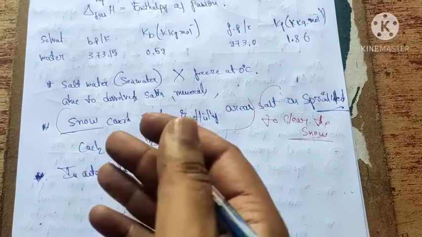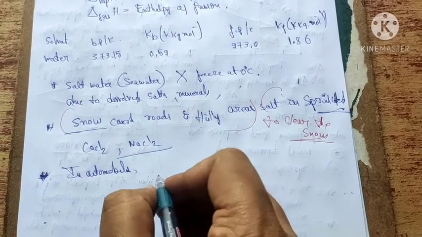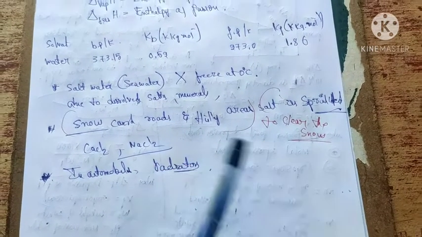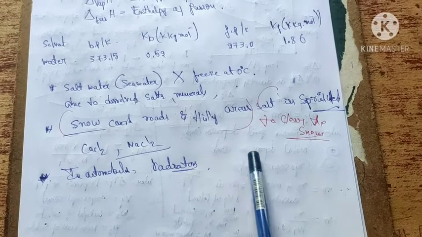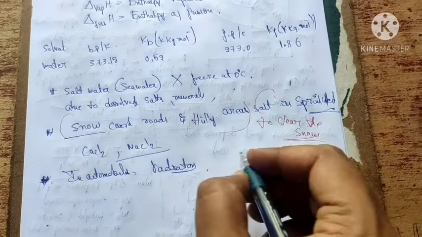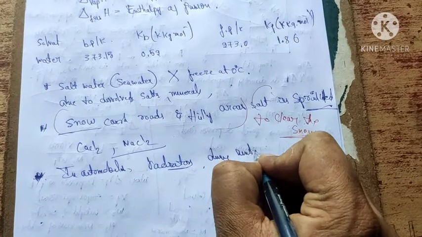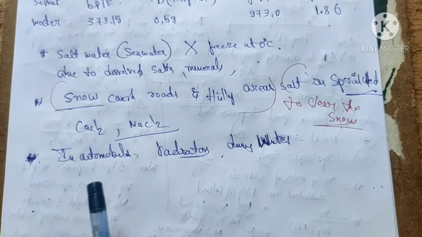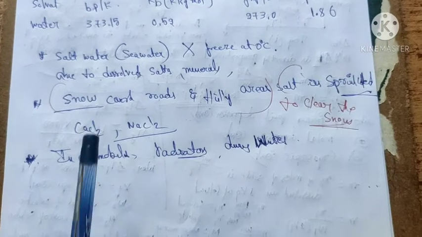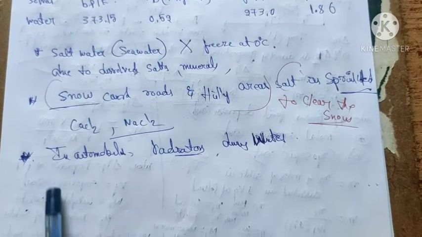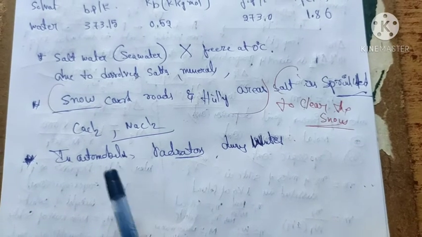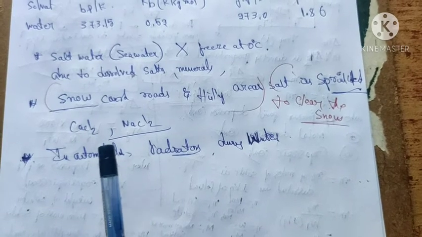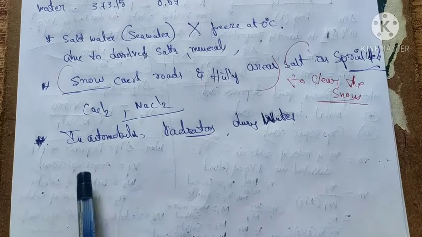Cars and any type of vehicles have radiators, which contain water. During the winter season, the water is likely to freeze and its volume increases, so there is a chance the radiator will burst.